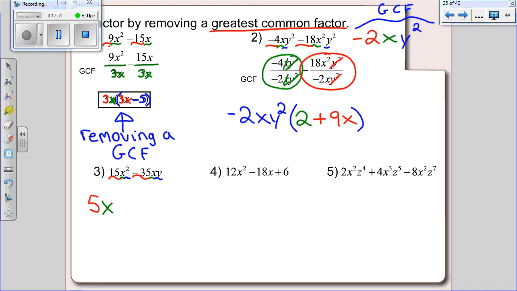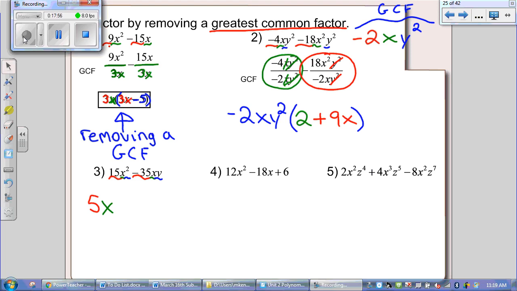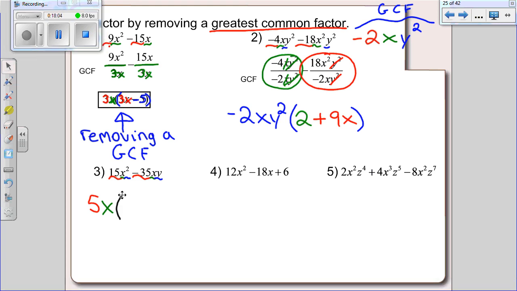Removing that GCF. So now that I have a GCF, I put a bracket. And then I'm going to try to divide each one of my terms by my GCF. So if I look at my first term, which is 15x squared, and I divide it by 5x, 15 divided by 5 would give me 3.